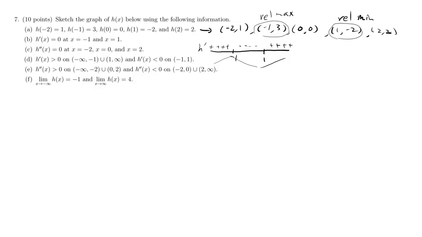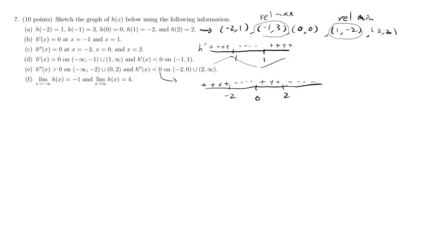So that means this is a relative max and this is a relative min. Okay. For this one here, we have negative 2, 0, and 2. Let's translate what this means. h double prime is positive here and also here. Also, h double prime is negative in here and also here.